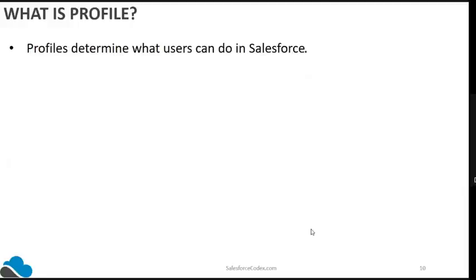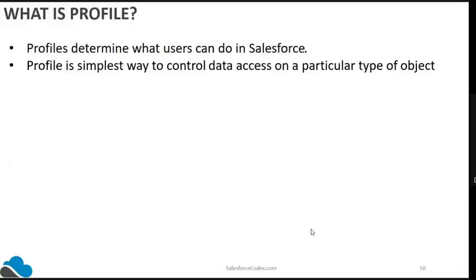Okay. After that, profile is the simplest way to control data access on a particular type of object. This is the simplest way, or you can say the first unit to give access to a particular user. After that, we have other features like permission sets, permission set groups, custom permissions, different kinds of other features.